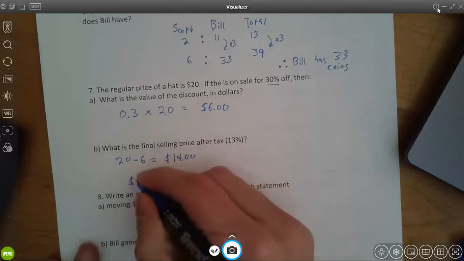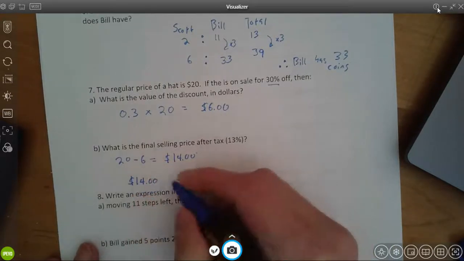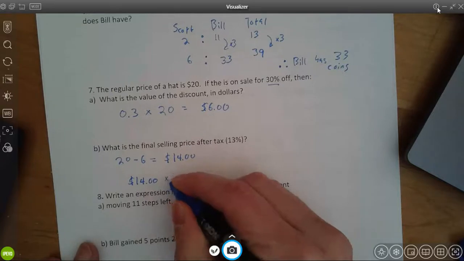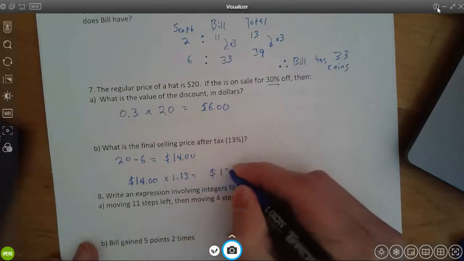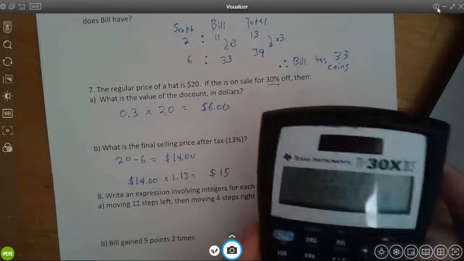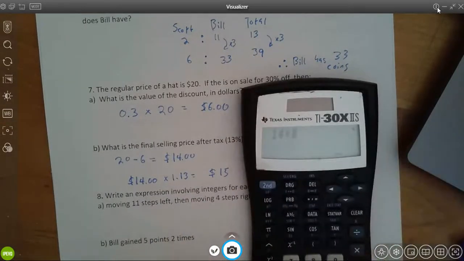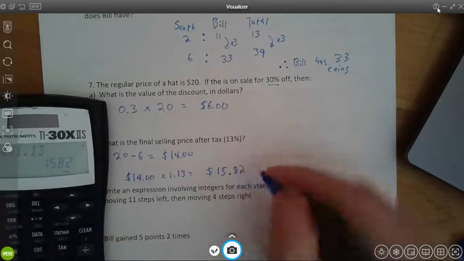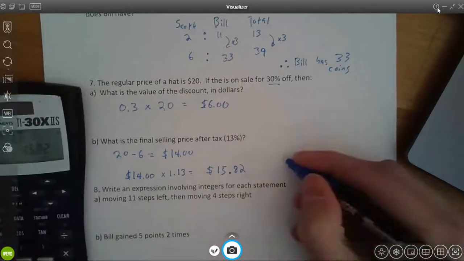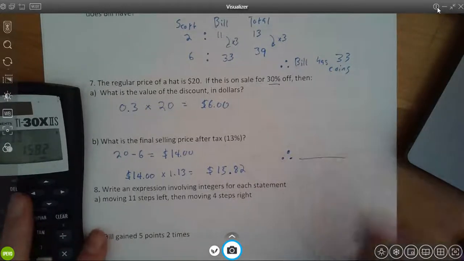That covers part of my salary for one thing. Tax is 13%, so to find the new total, I would multiply by 1.13 to find the final price. Again, this is a good time to take out your calculator when we're working with decimals. Remember to include units, so anything with money should have a dollar sign, and then you could write a therefore statement as well. I'm not going to write it in this video.